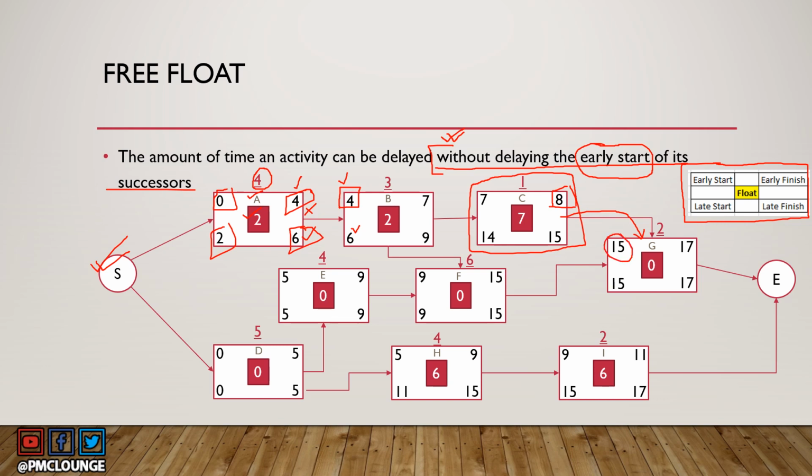So that means there is a difference between early finish and early start for C and G. This difference, 15 minus 8, is known as free float. So I hope this was clear. You can go back and read this again if you're still not clear. But this is how free float is calculated.